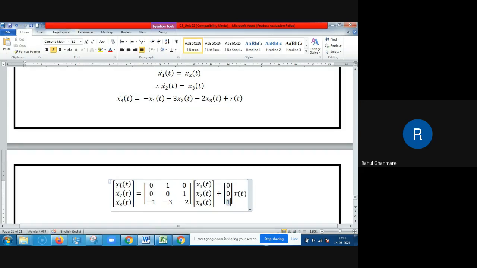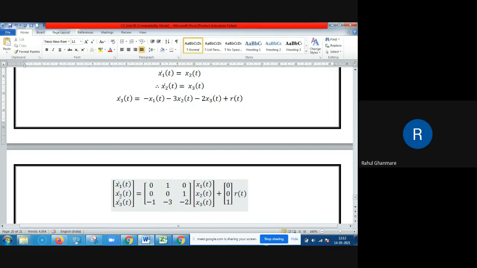Okay. If you see again this equation, x dot of 1 of t is equals to 0 x1 of t plus 1 x2 of t plus 0 x3 of t plus 0 r of t, right? So in this way you have this equation.